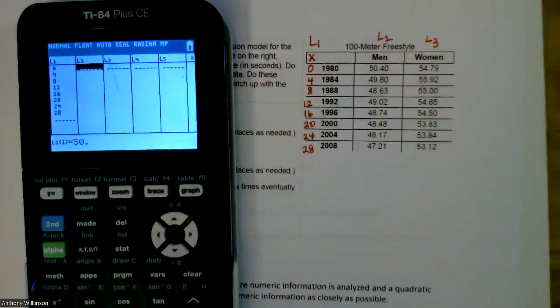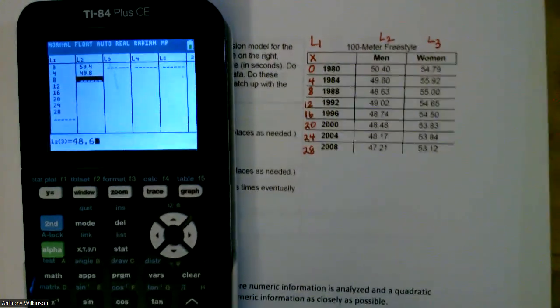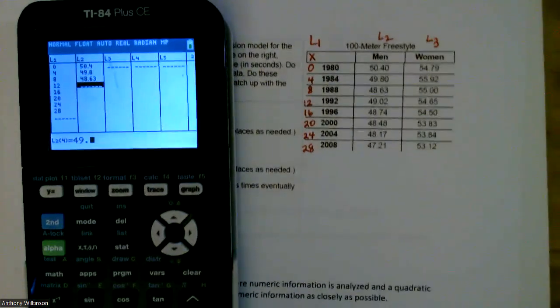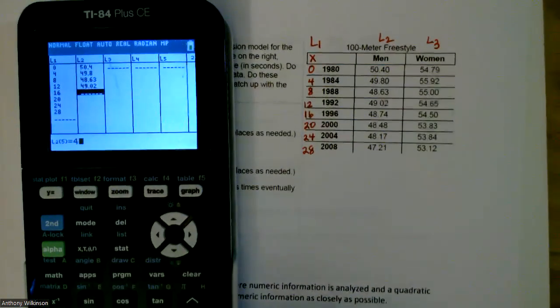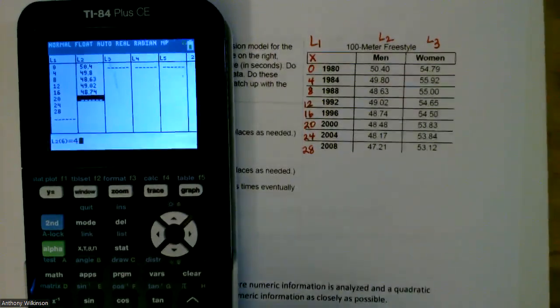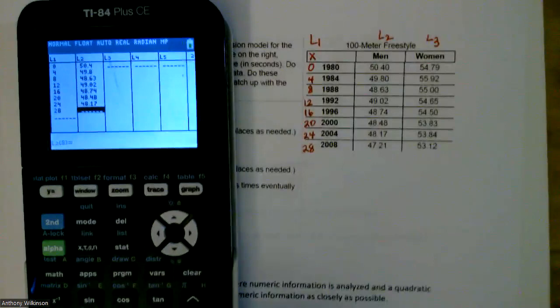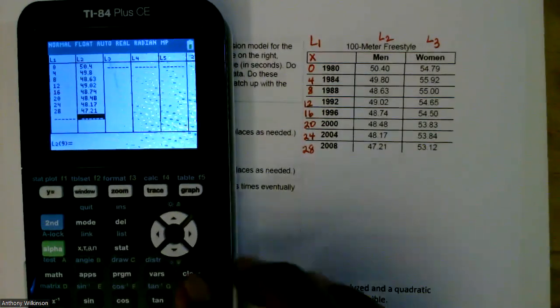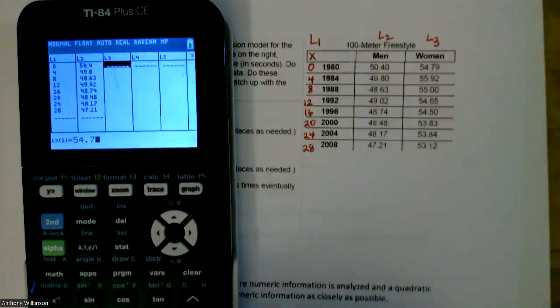So this will be 50.40, and then 49.80, 48.63, 49.02, 48.74, 48.48, 48.17, 47.21.